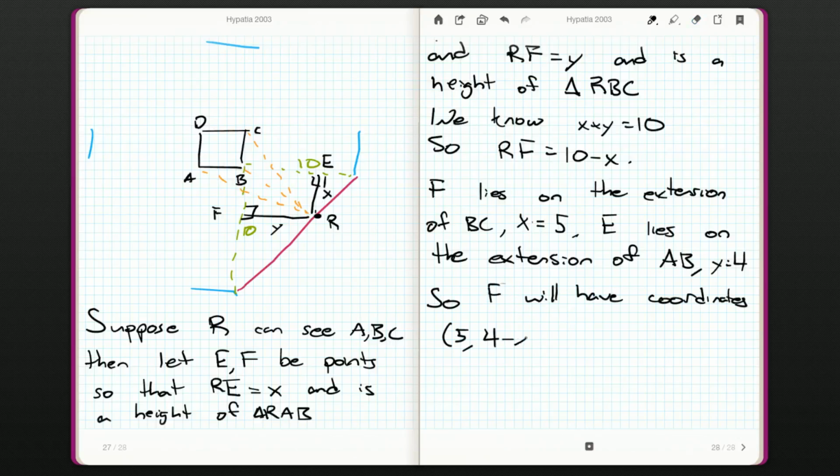So 4 minus x. And E will have coordinates, well, it lies on the line y equals 4. And from B, we go over y, which is 10 minus x units. So 5 plus 10 minus x.